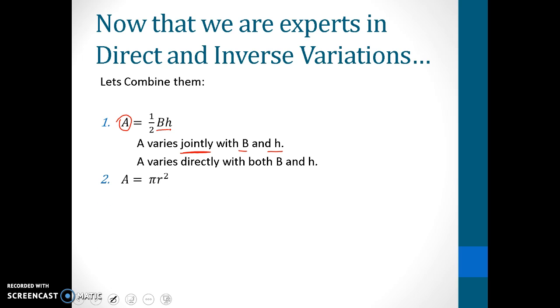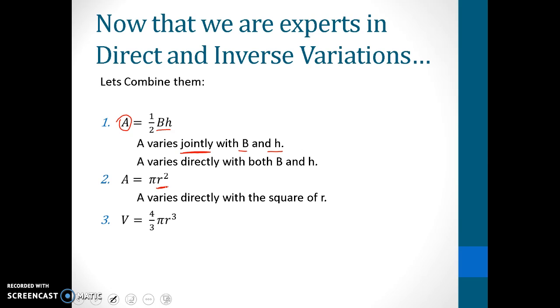Another familiar equation that we have, area equals pi r squared. This time, there's two variables, but they're the same thing. It's r times r, so that's just simply r squared. The K value is pi, and so we would say A varies directly with the square of r. Let's take a look at this third situation.